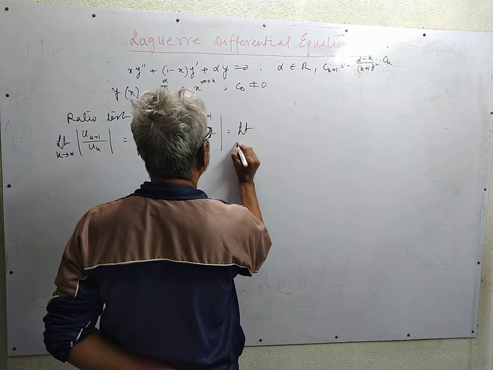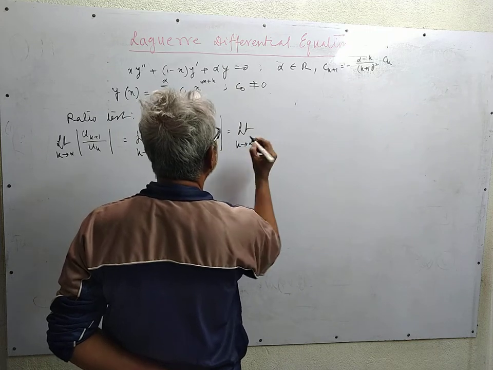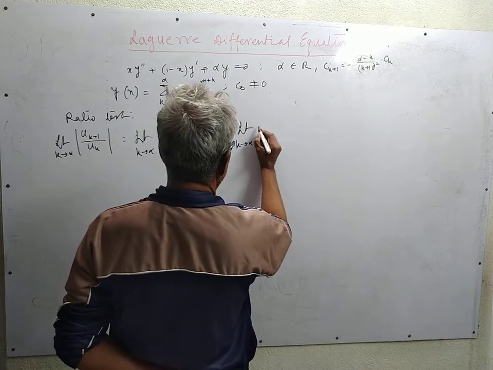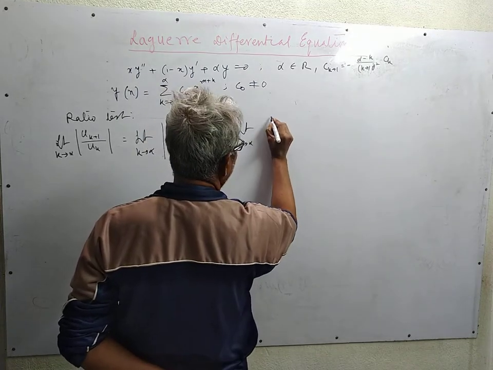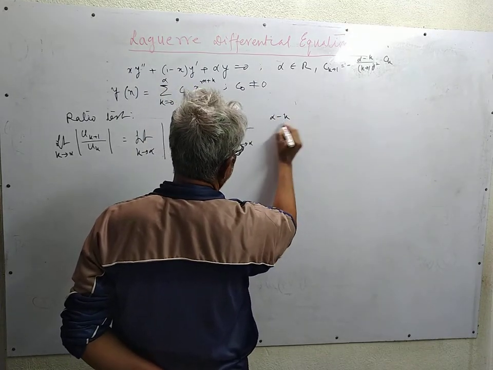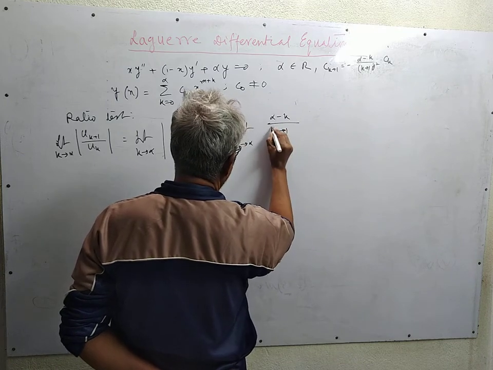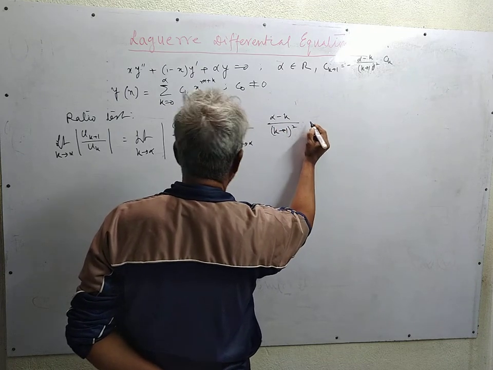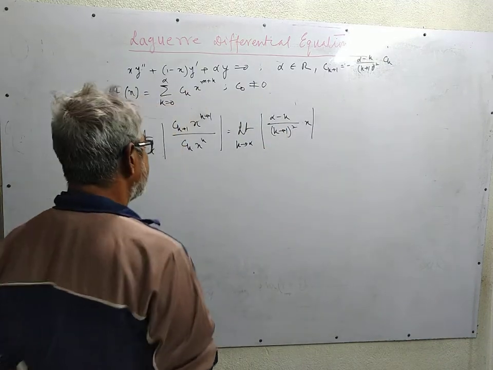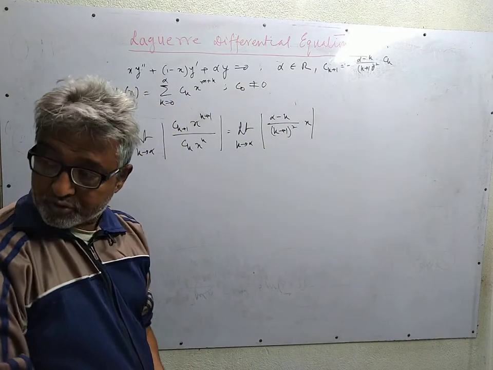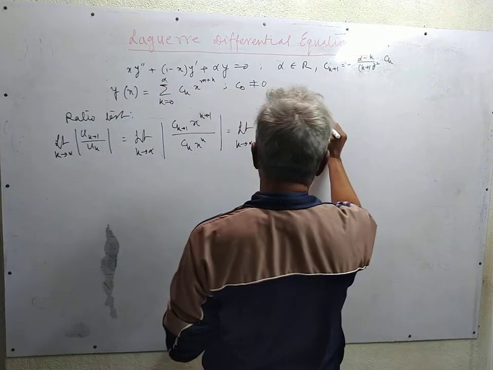So it is limit k tends to infinity. Since we are taking the modulus, the minus sign is not required to be considered. Alpha minus k plus 1 whole square times x. If we divide both numerator and denominator by k square, we get a relation of this form.